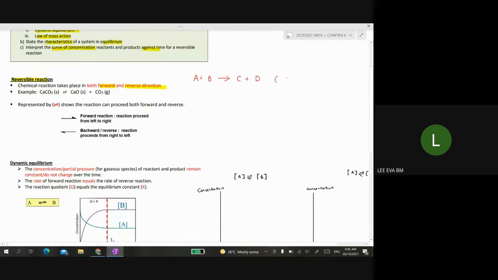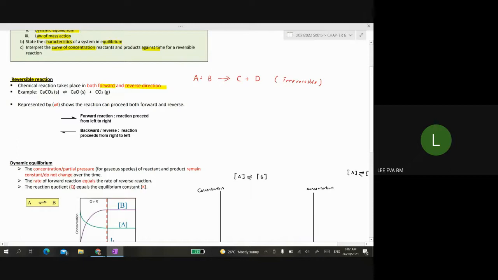This is what we call an irreversible reaction, meaning you only see a single arrow, one direction only. Whenever you produce C and D as products, you never get back to A and B. But for reversible reactions, when you produce your products, the products can also produce reactants at the same time. So the word reversible means forward can, reverse also can.